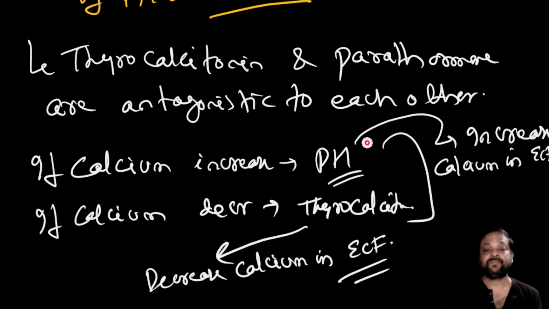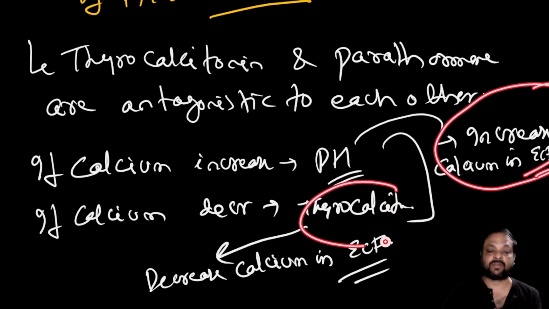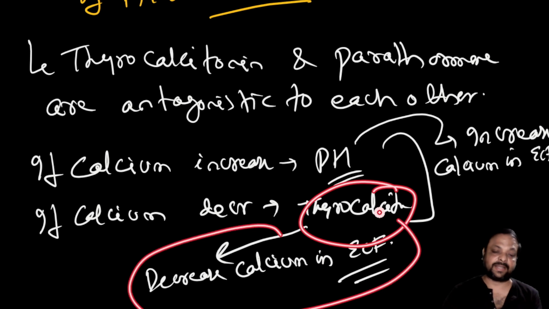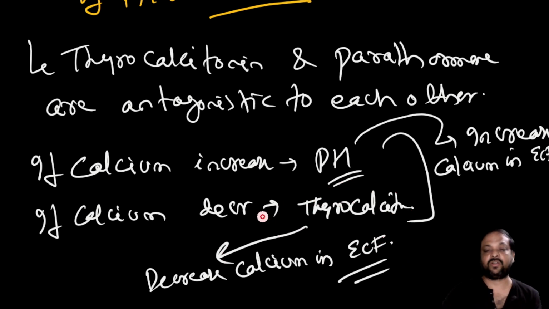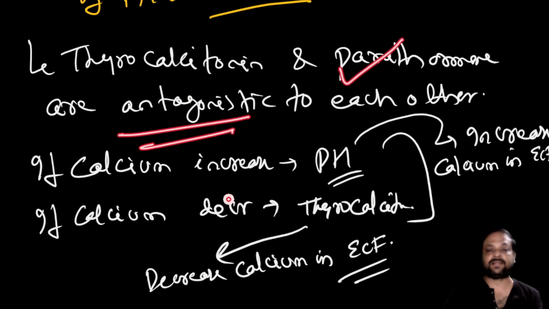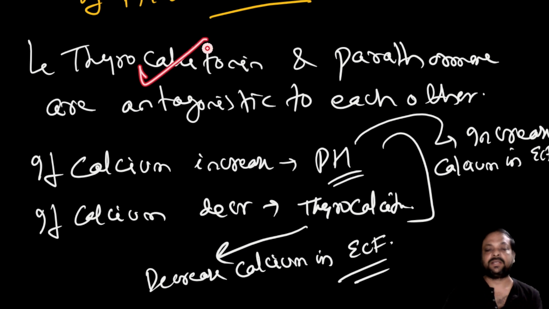We find that parathormone increases the calcium in the ECF, whereas thyrocalcitonin hormone decreases the calcium level in the ECF. Got it? So this is called antagonistic action. One increases the calcium level and the other decreases it.